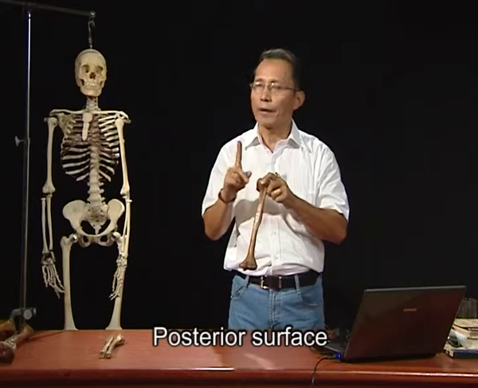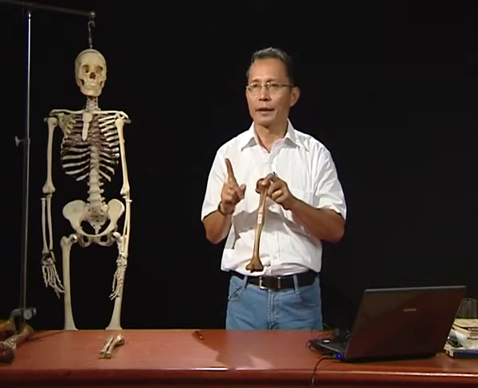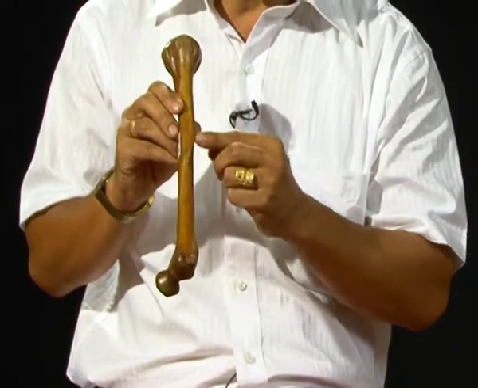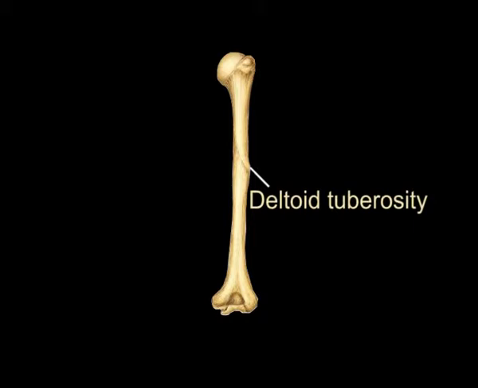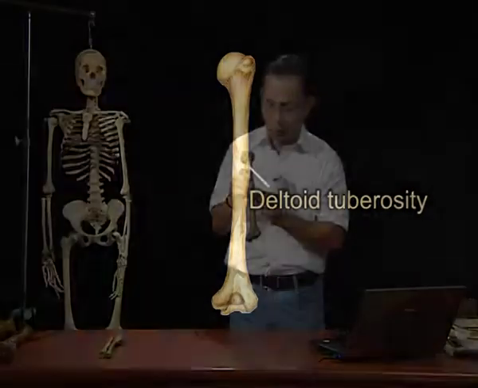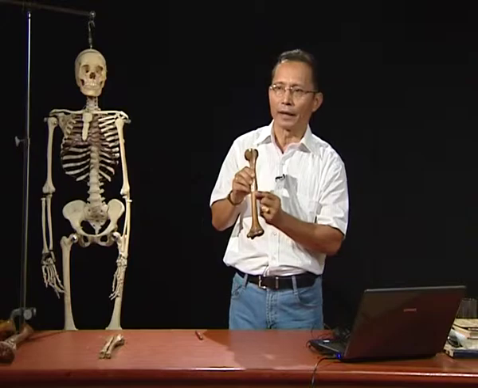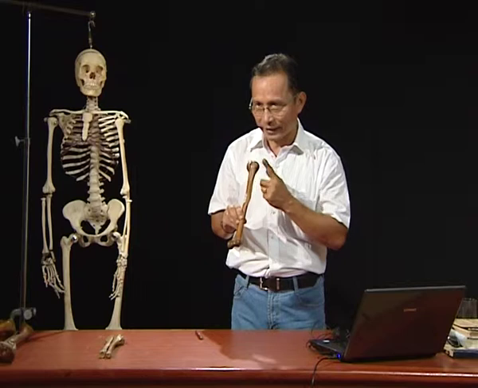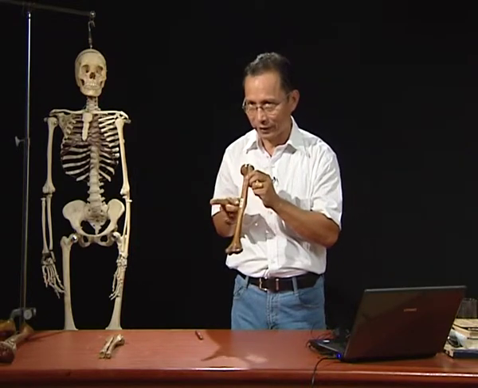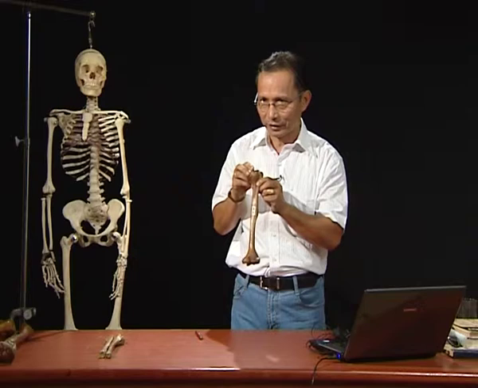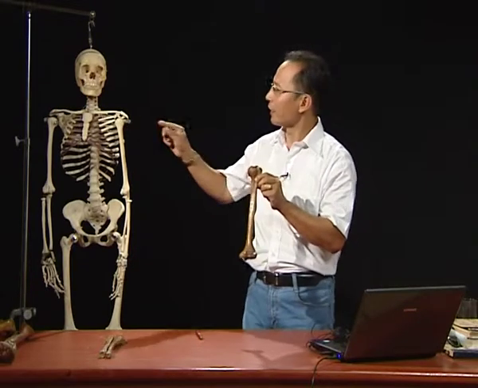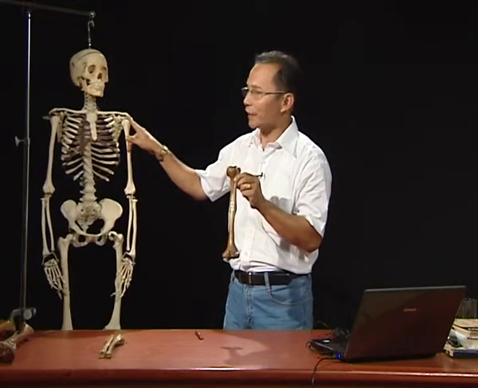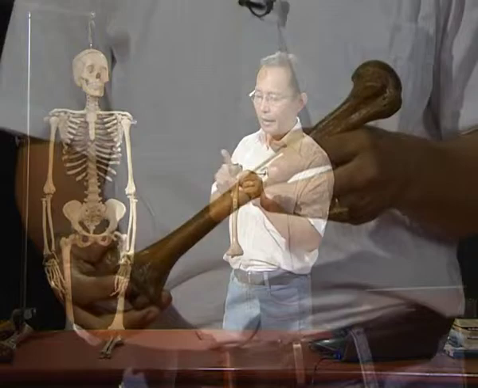So that means we have three surfaces and three borders. This very prominent tuberosity is called deltoid tuberosity, which is just a little bit above the middle of the shaft. This is on the lateral side. You see, this is the medial side. Head faces medially and a little bit posterior, backward and upward.